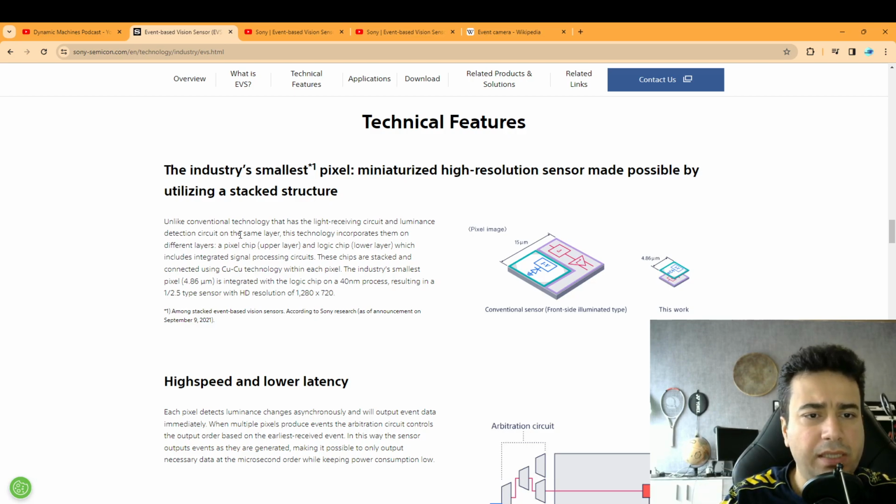At the moment, I think the industry's smallest pixel is about 4.86 micrometers. It is integrated with the logic chips on a 40 nanometer process, resulting in a 1 over 2.5 type sensor with HD resolution of 1280 by 720.